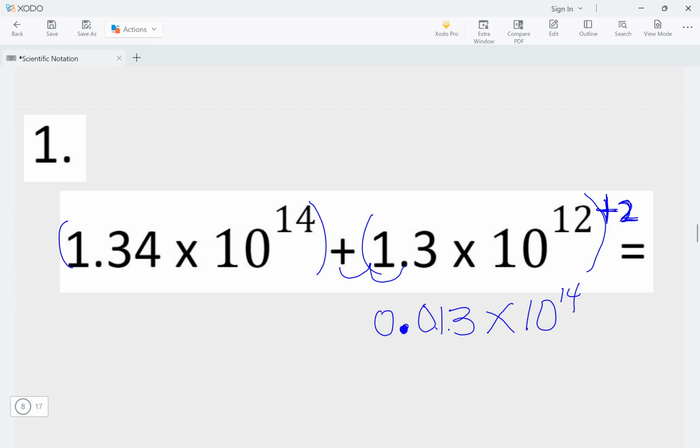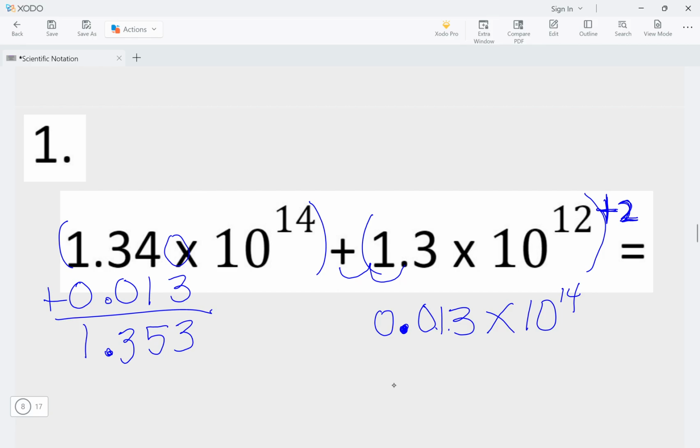So now all I have to do is add my numbers. So I'm just going to line this right up here. 1, 3, this would have a 0. So 0 plus 3 is 3. 4 plus 1 is 5. 3 plus 0 is 3. Put my decimal, and I have 1.